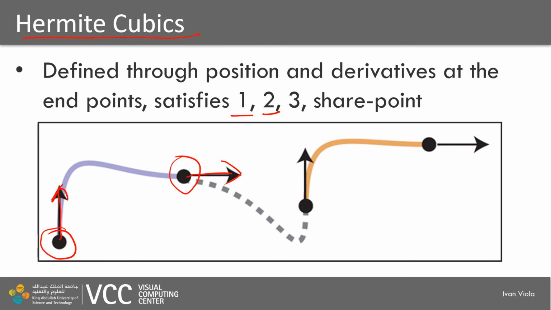And it is also an interpolative curve. What is not satisfied is that it is only C1 continuous. So we do not have C2 continuity, and therefore Hermite cubics are perhaps not the best choice for designing an animated camera path.